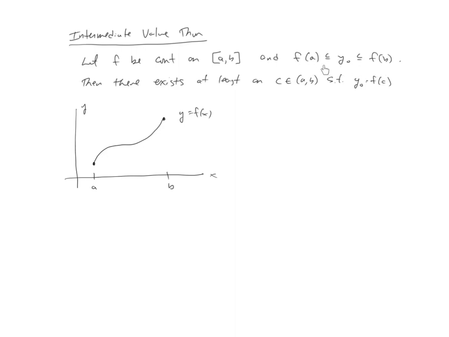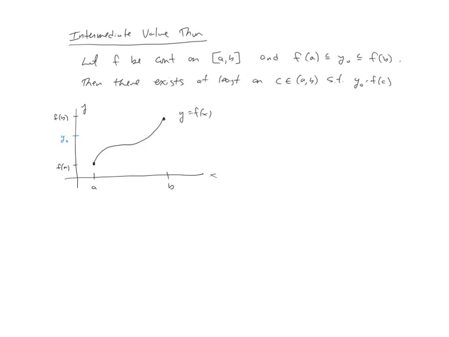Well, these are all y coordinates, okay? Now, this guy would clearly be our f(a). This guy here would clearly be our f(b). And this part says that y₀ has to be between those two things. So somewhere between it, there's got to be a y₀. So I'll put this here in blue.